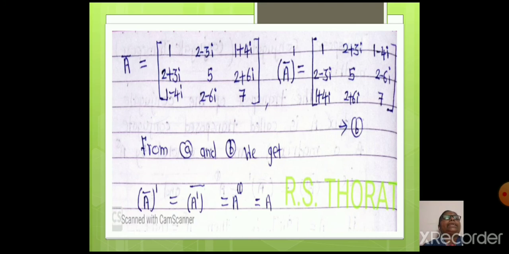Denote this matrix by B. From A and B, we get A conjugate transpose equal to A transpose conjugate equal to A raised to theta equal to the given matrix A. Thus, we prove that A raised to theta equal to A. Hence, this is a Hermitian matrix. That is, the given matrix is a Hermitian matrix.